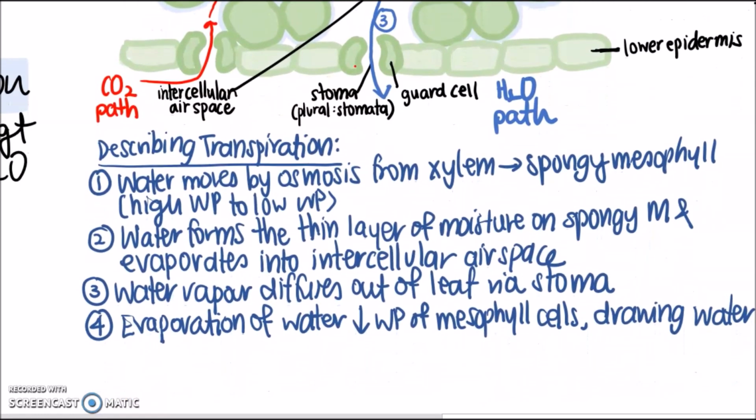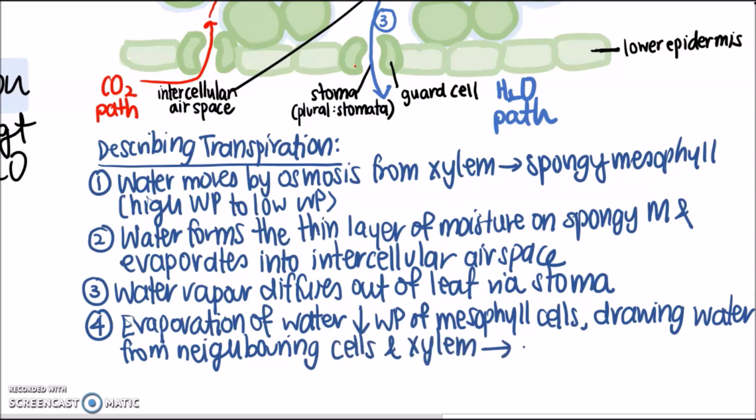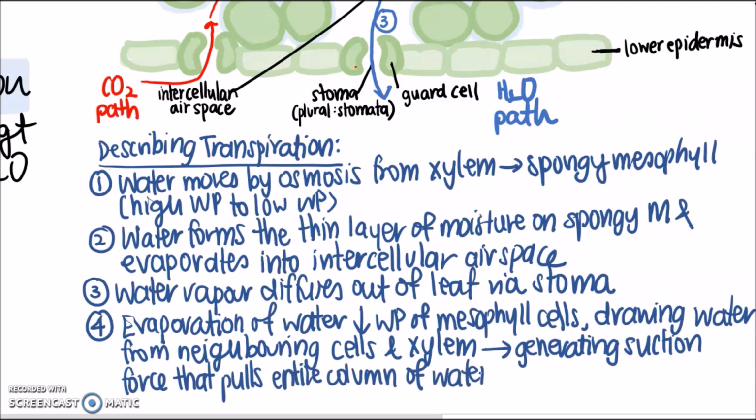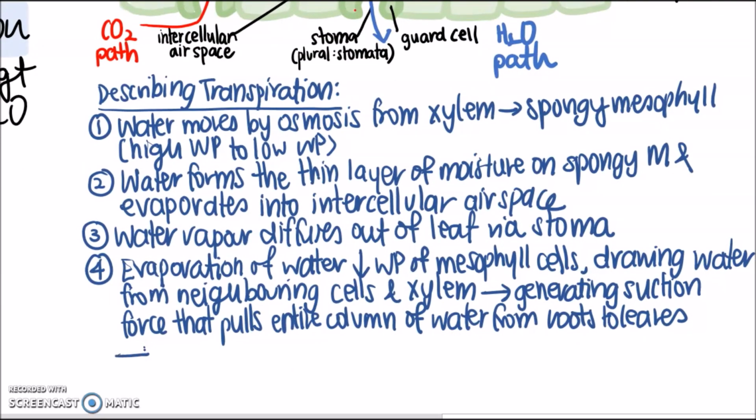And this draws water from the neighboring cells and the xylem and generates a suction force that acts on the entire column of water from the roots to the leaves. This is what we call the transpiration pull.